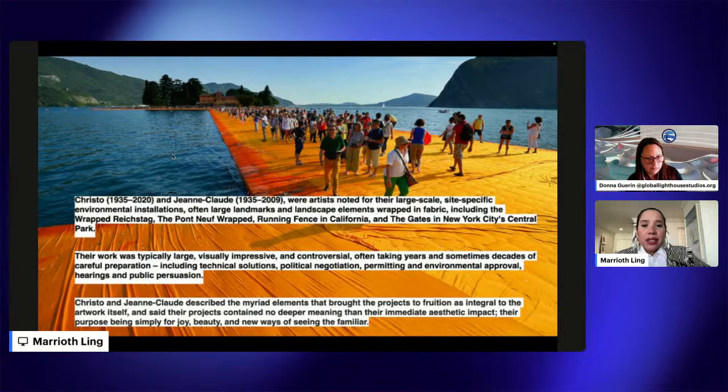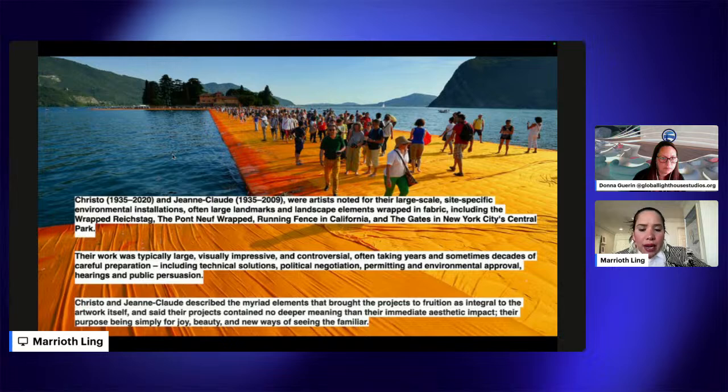A lot of visitors came, and even if they are not ultra famous for people who don't know about art, they are very important in art history, contemporary art. Their work was typically large, visually impressive and controversial, often taking years of preparation, political negotiation, technical solutions, permitting, and environmental approval.